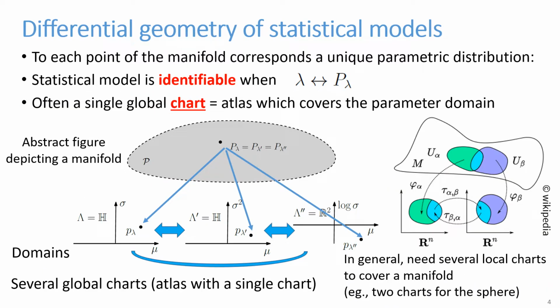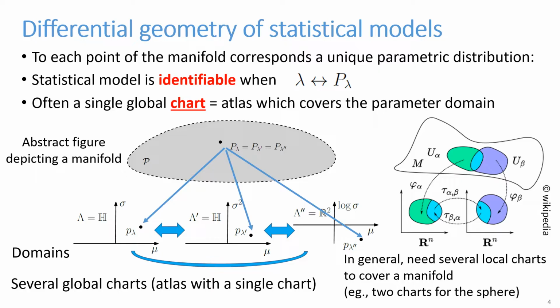Information geometry relies on differential geometry to define structures on statistical models. We can interpret each parameter point on the parameter space of the statistical model as a geometric point lying on a manifold, and vice versa, when the model is said to be identifiable. That is, when there is a perfect smooth one-to-one correspondence between parameters and points. A manifold is an abstract geometric object which looks Euclidean at infinitesimal scale.